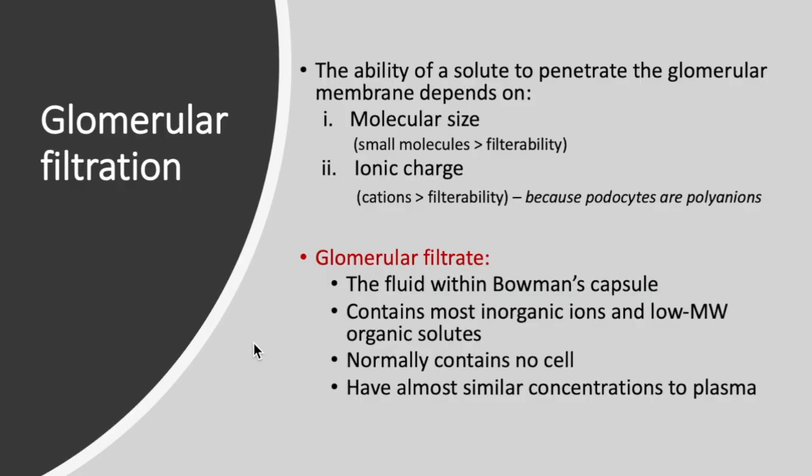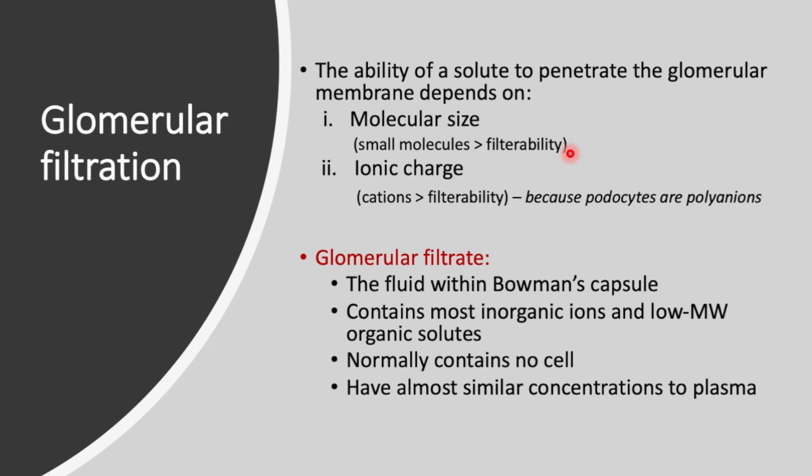There are 2 important factors that determine the type of substances filtered across the filtration barrier. One of the factors is molecular size. Smaller molecules will be filtered more easily compared to bigger molecules. For example, small solutes like sodium, potassium, chloride, or bicarbonate are freely filtered across the filtration barrier as opposed to bigger molecules like albumin.